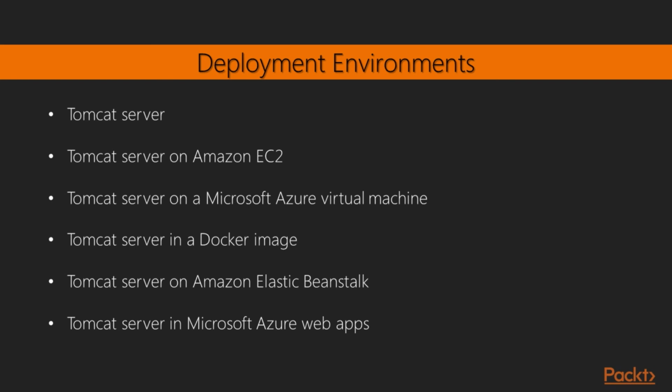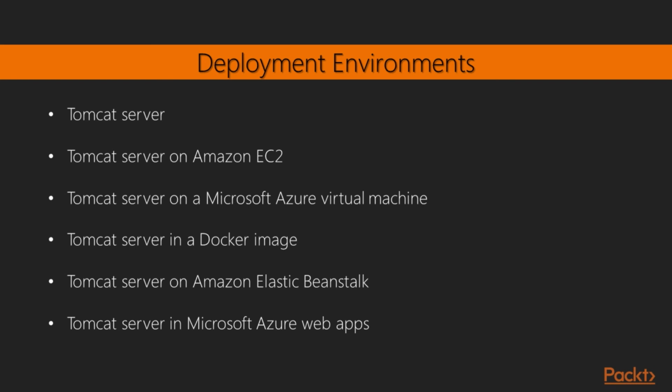Pets Clinic Spring Application Deployment on a Tomcat server, on Amazon EC2 IaaS, on a Microsoft Azure Virtual Machine IaaS, in a Docker image container, on Amazon Elastic Beanstalk PaaS, and in Microsoft Azure Web Apps PaaS. Based on the deployment environment, we need configuration management.